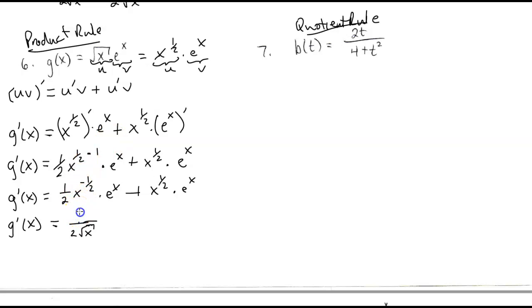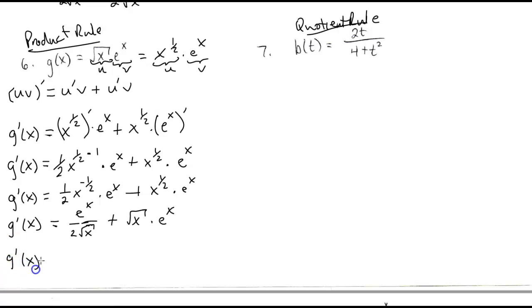And since 1/2 x raised to the negative 1/2 is just 1 over that, but 1 times e to the x is just e to the x, I'm going to put this over e to the x plus square root of x times e to the x. And so technically we could stop there.